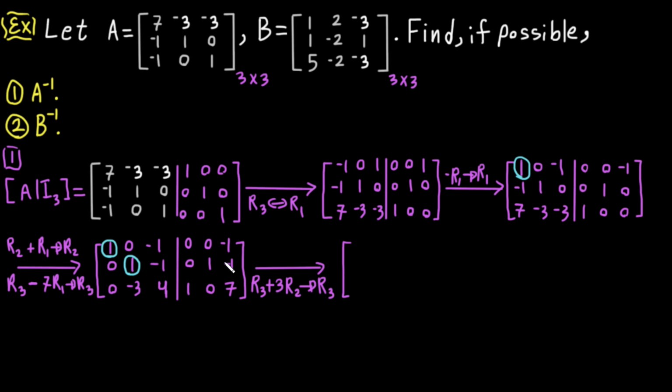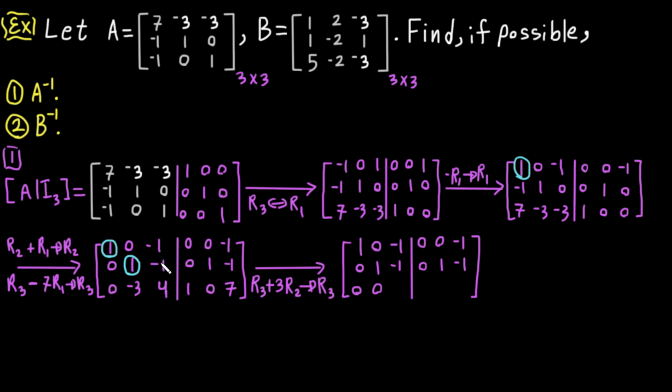These two rows remain the same, so I'll speed it up. Now 0 plus 3 multiplied by 0 is 0. -3 plus 3 multiplied by 1, which is 3, so it will be 0.